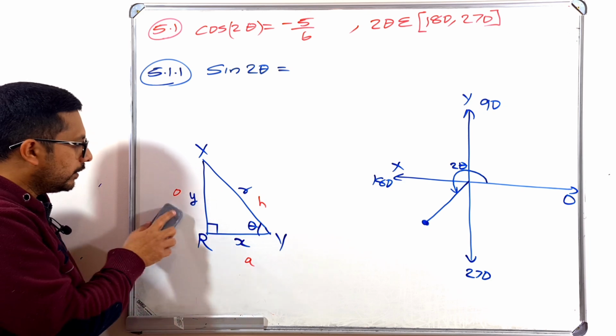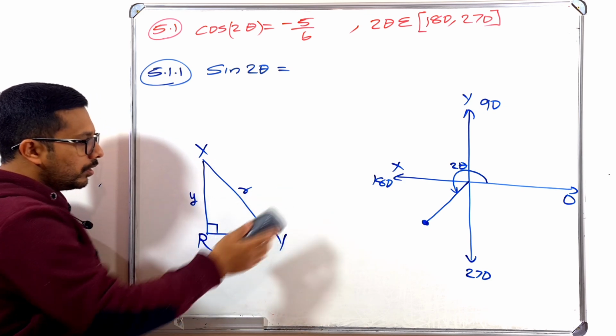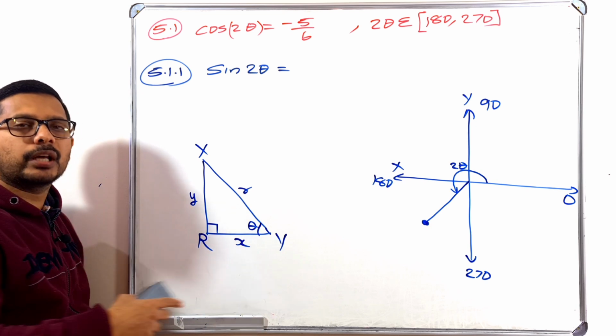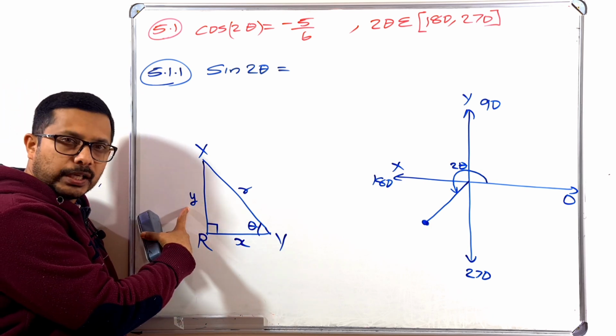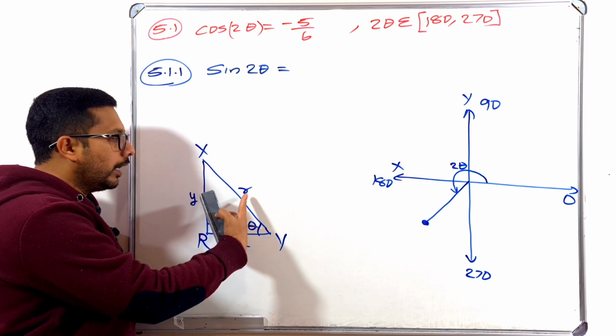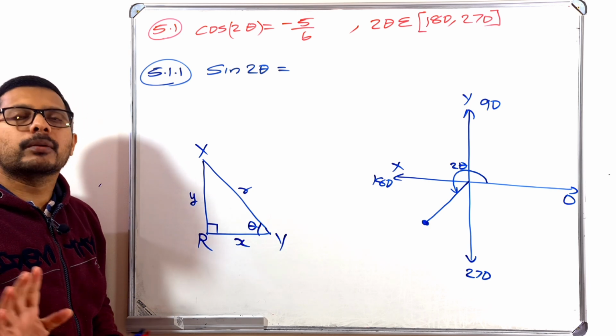Let's practice like this, then it will be easy for you to understand. Opposite side we represent with small letter y, adjacent side with small letter x, and hypotenuse with r. Just remember that.